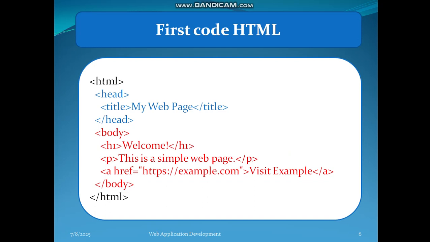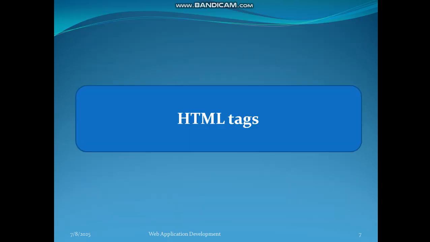Let's see a first code of HTML. In this code, we see several HTML tags like html, head, title, body, h1, p, a, etc. Let's now go through these tags one by one.